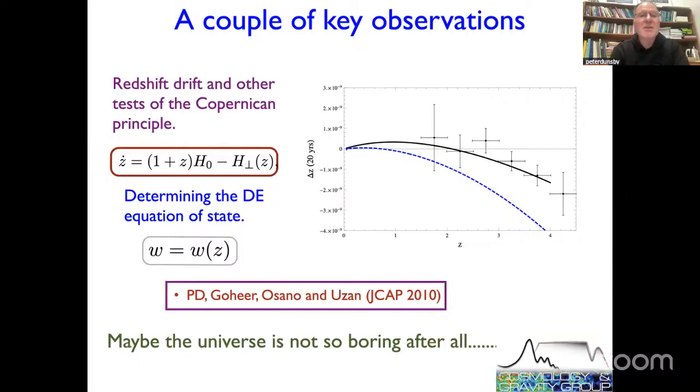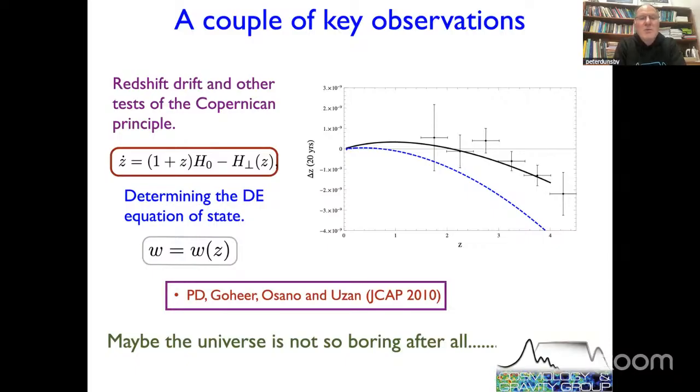And this can be tested using redshift drift, where there is a difference in the redshift drift to what you get with an inhomogeneous model and with the standard Robertson-Walker model. But this is an incredibly difficult measurement to make, and typically one would have to wait anything between, I guess, 10 and 20 years to be able to get enough statistical significance in the evidence to support that claim.